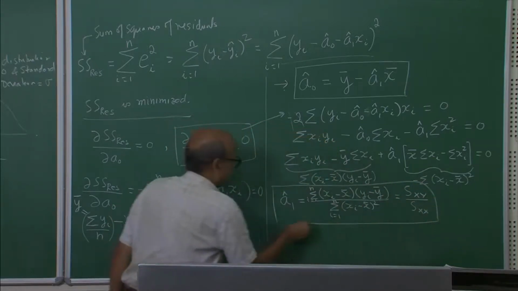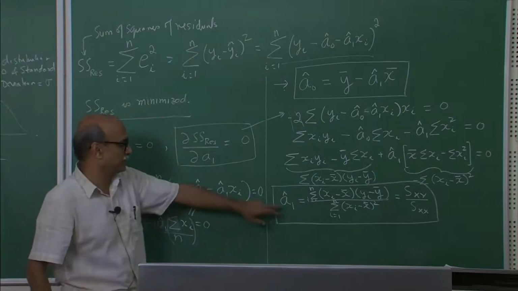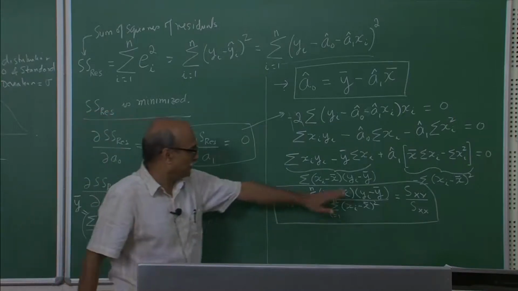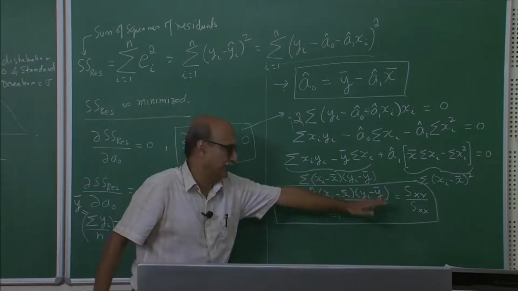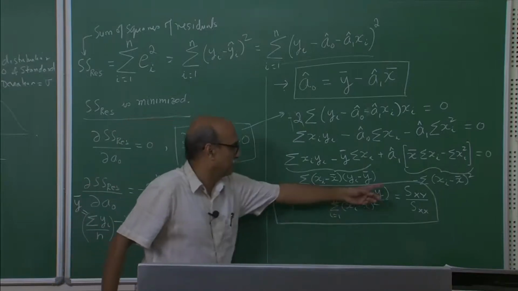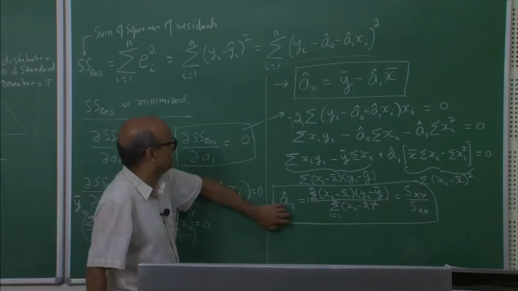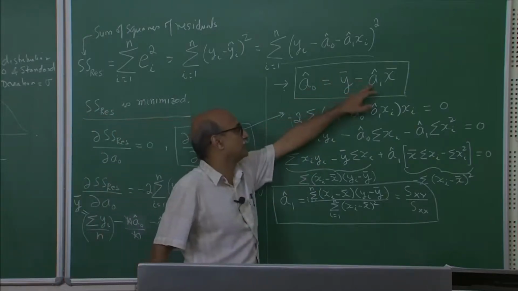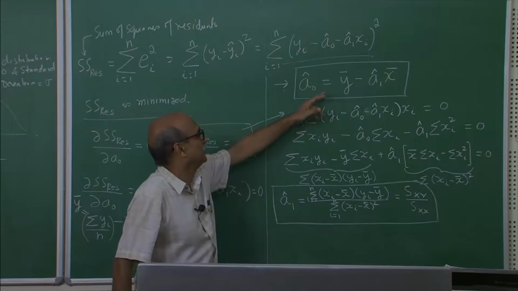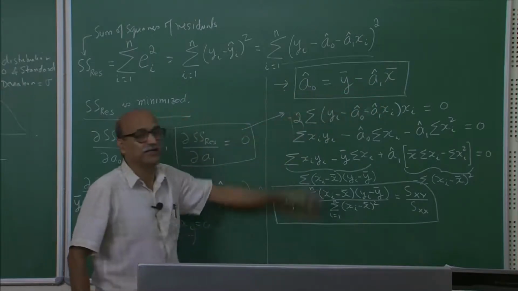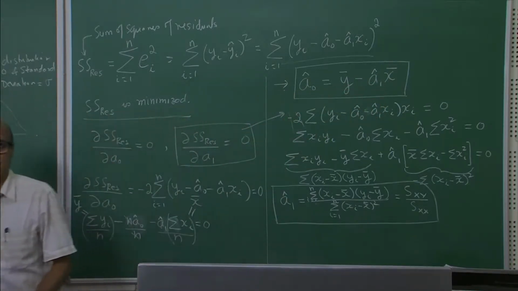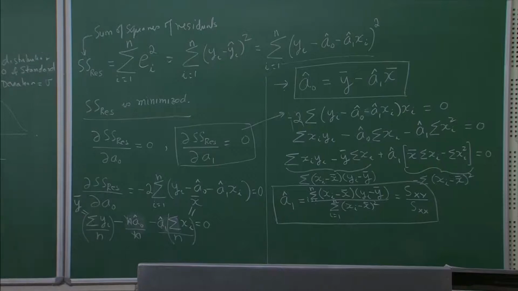So, this forms an important equation from which, using the experimental data of x and y, I will get A1 cap. Similarly, once I get the value of A1 cap, I will plug it into this expression, and I know what y bar and x bar are, and hence I will get the value of A naught cap.